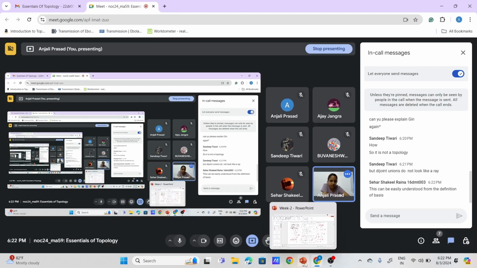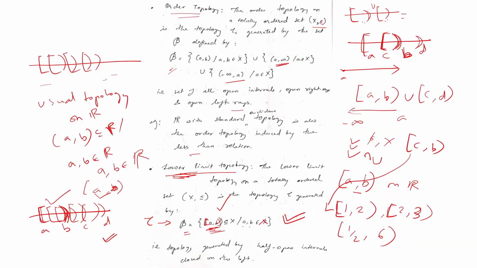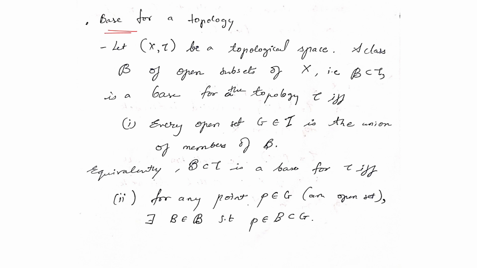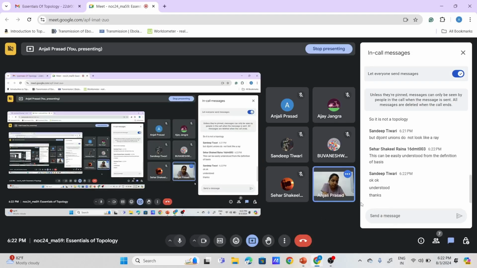Okay, so let's get the definition of basis. First, let's be clear with the definition of basis. Have you understood?